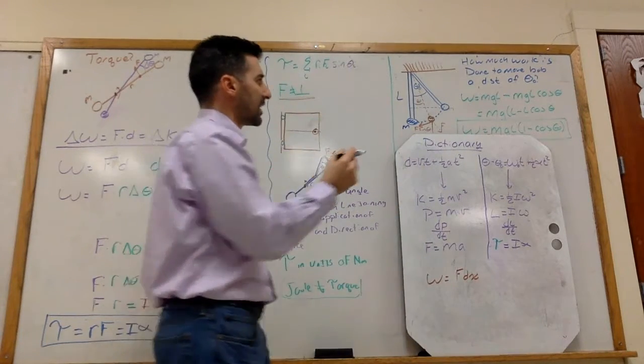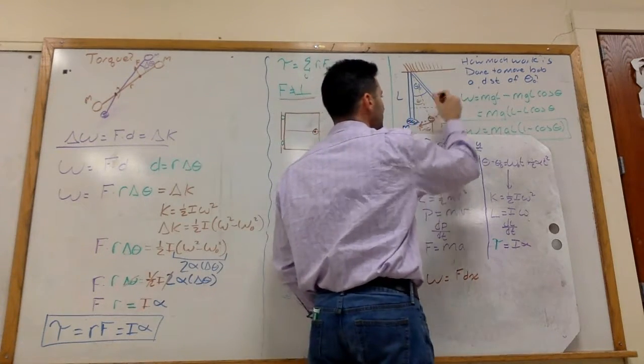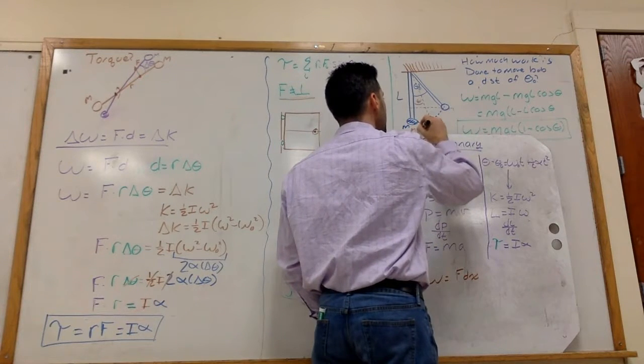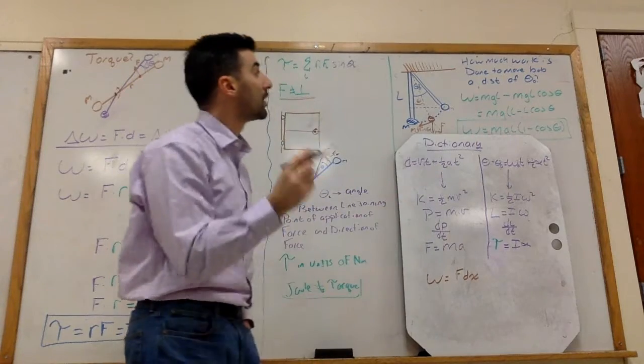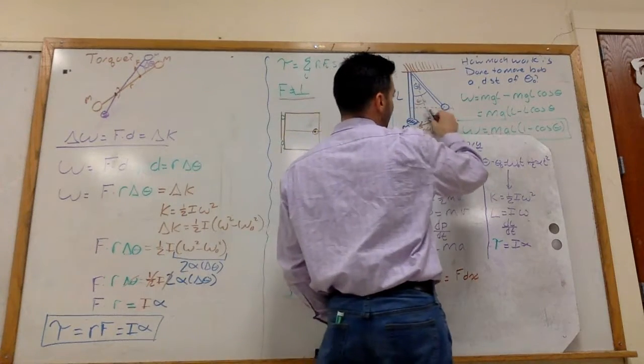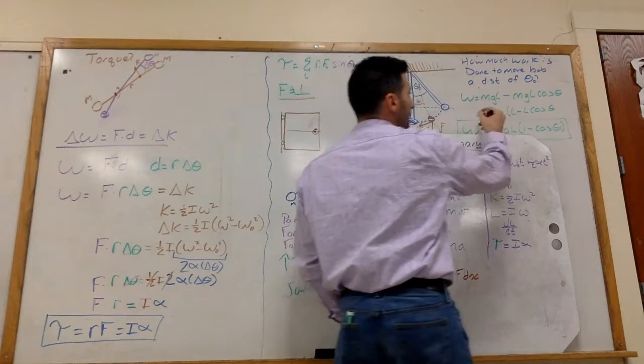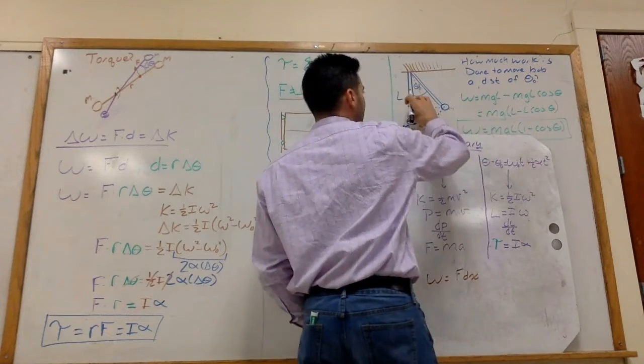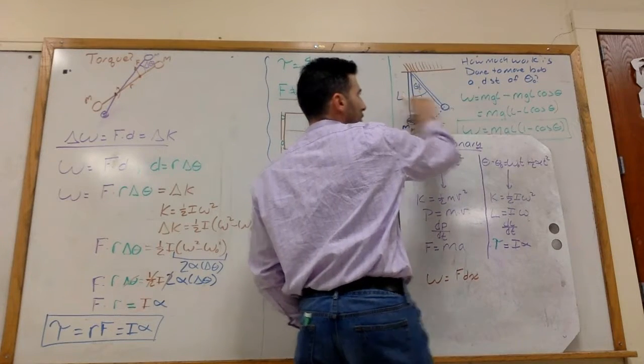The only force acting on it is mg, so that's actually mg sine theta. Well, I didn't move sine theta, I moved the distance of cosine theta. My work is my height times my new height, basically trying to figure out how much I've moved.